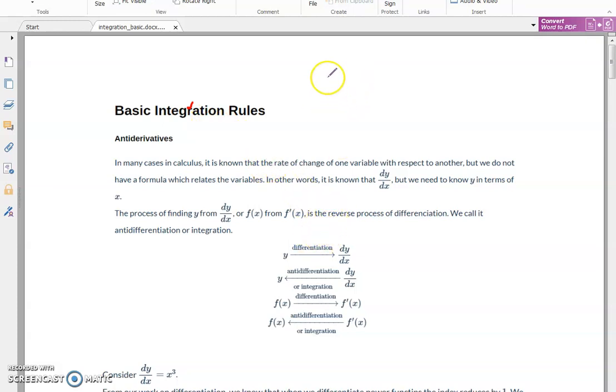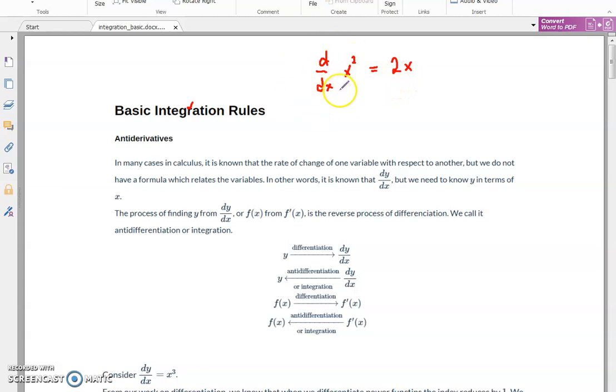When we deal with differentiation, the symbol that we use is d over dx. Let's say we try to differentiate x to the power of 2. We already know that the answer is supposed to be 2x.